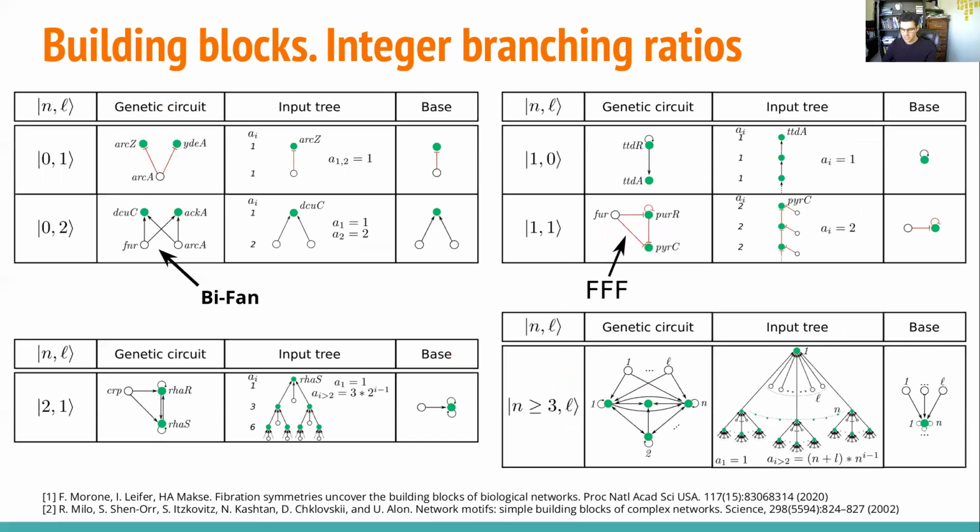So now, using this analysis, we actually did go into this paper. We went into like 400 or 500 different networks, and in these networks we identified building blocks and we classified them.